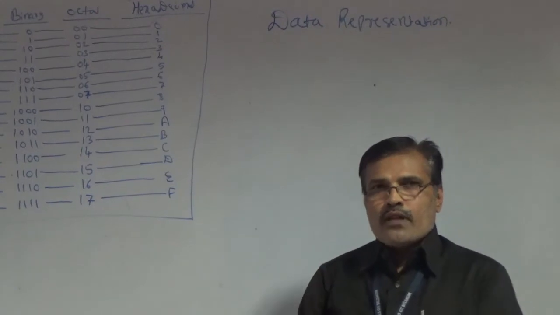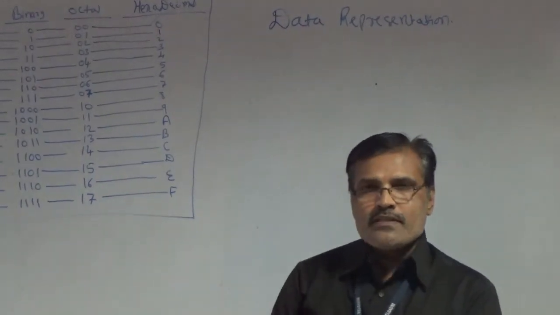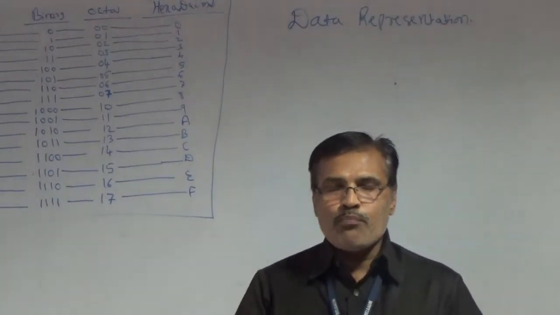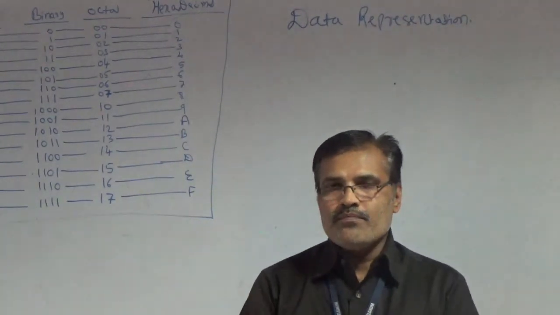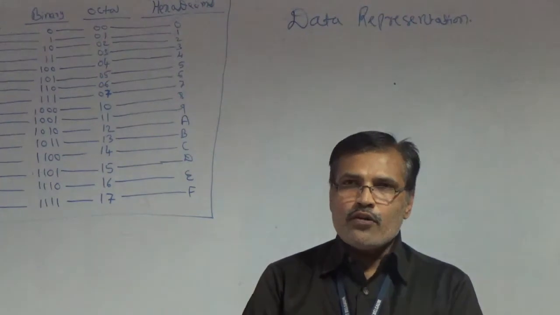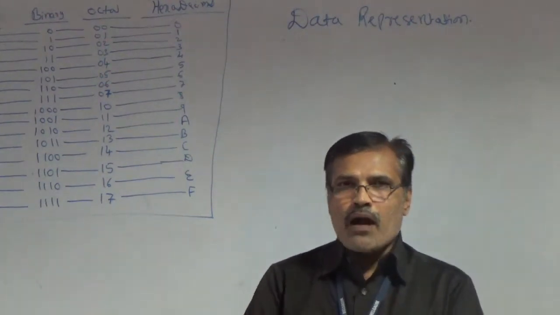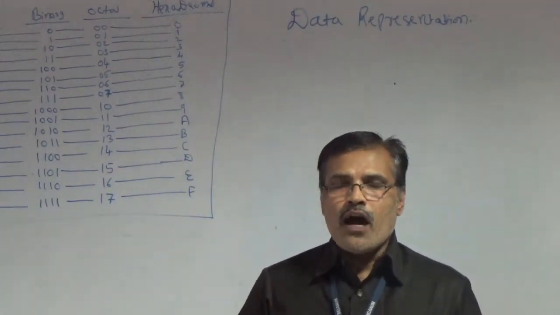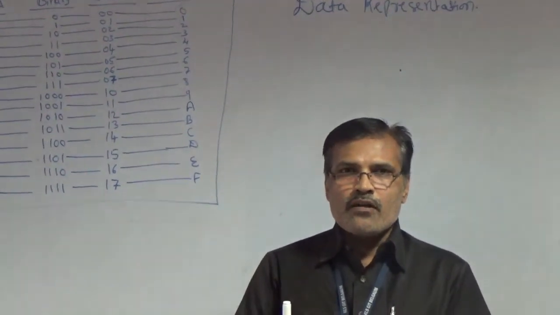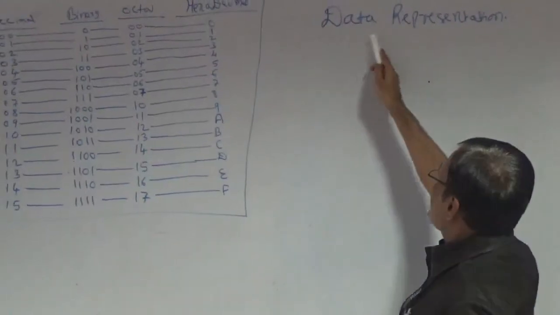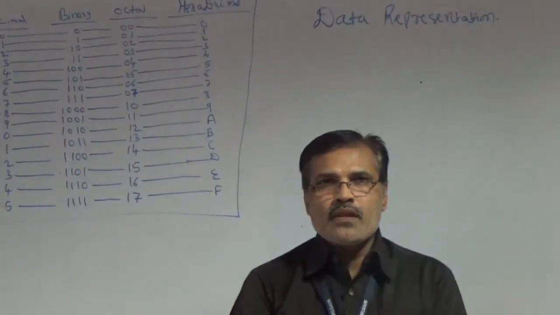You already know that a computer is going to process data. So before processing, it has to store the data in computer memory. In order to understand the processing part, first we need to understand how the data is stored. For this sake, data representation comes into the picture.